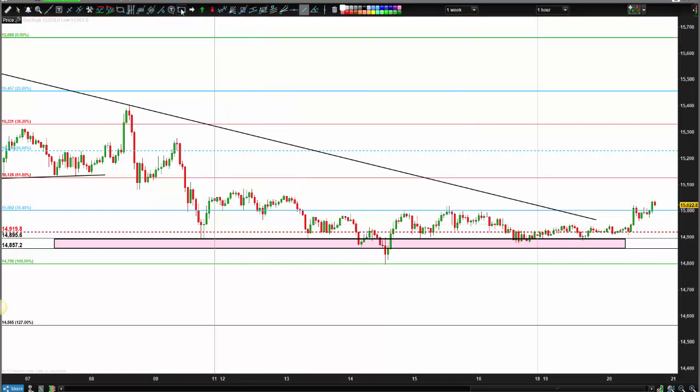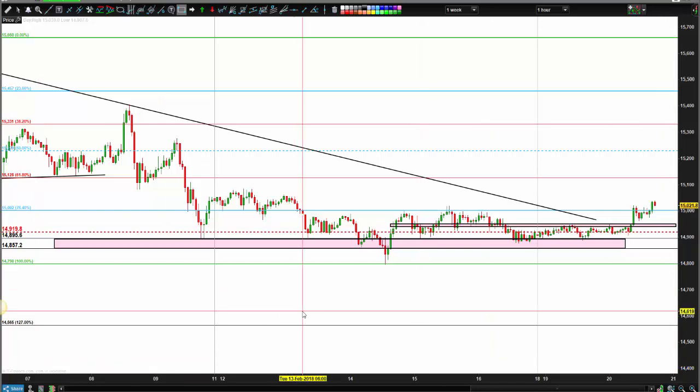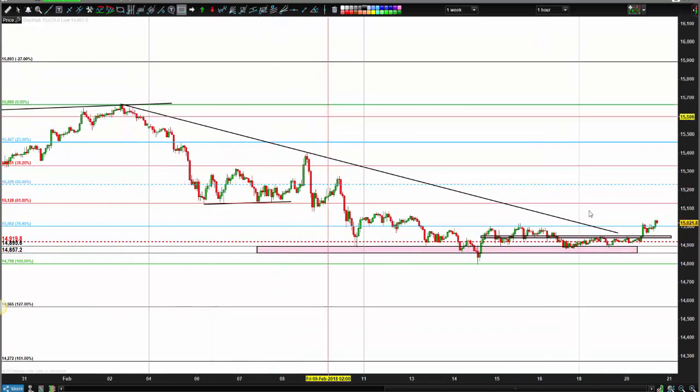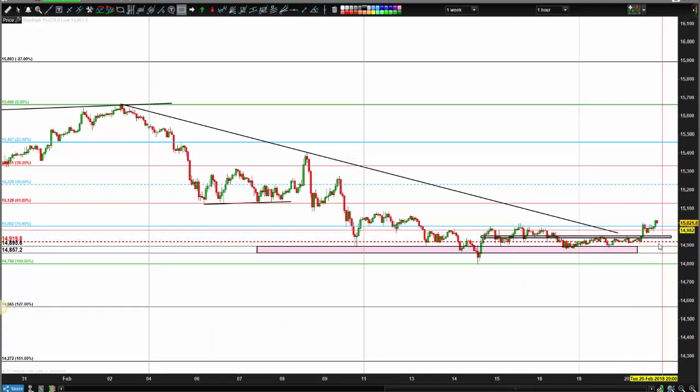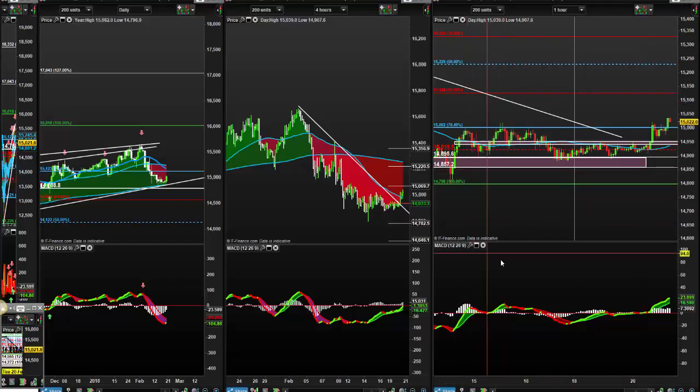There's my suggested price level that you watch tomorrow, that 950 mark. I'll leave that on to remind myself when I come back to my screens. Alright, so we've broken this trend line, we've got this support. Let's see if we can get a decent pullback tomorrow and see if it holds.